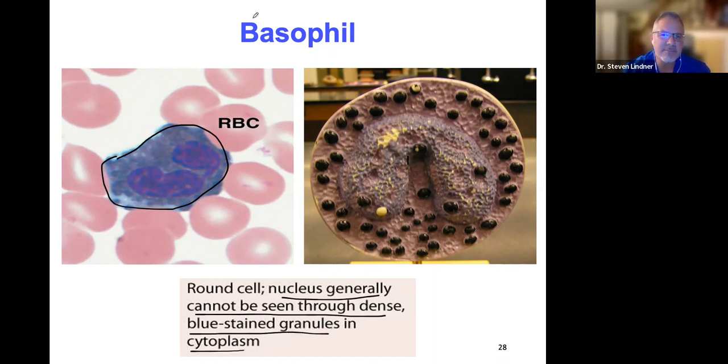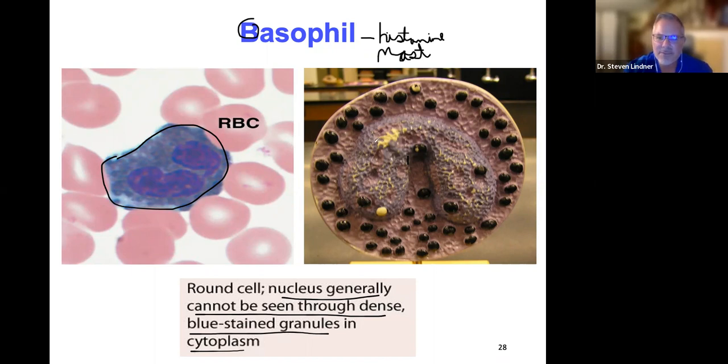So you see the basophil, dark blue, black, very dark staining. That's your basophil. And basophils can release histamine in a similar fashion to another type of cell called mast cells. Mast, M-A-S-T, also release histamine.